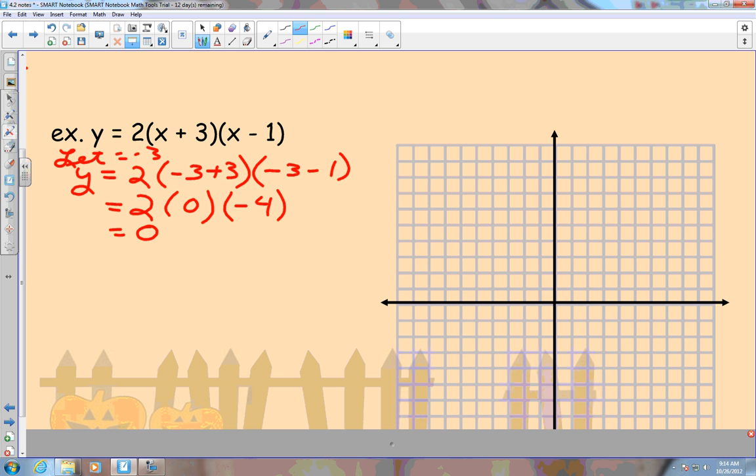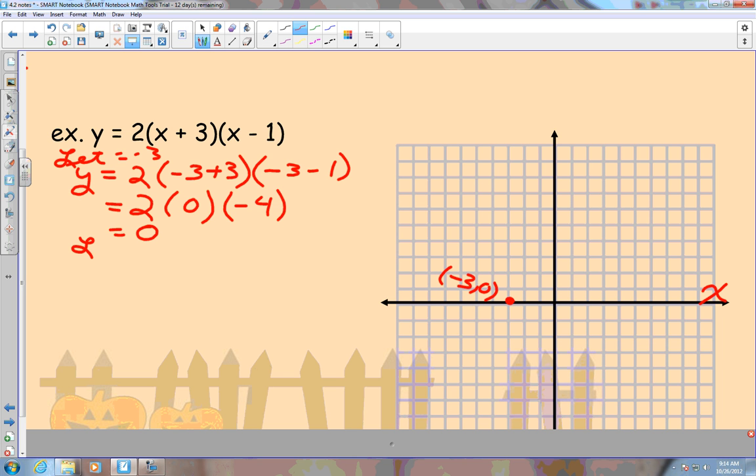So I know the point negative 3, 0 is on my parabola. And guess what that is, what we call an x-intercept, because if y is 0, then it's on the x-axis. Okay. Now, I'm going to pick another value for x. Anybody guess what the other one's going to be? 1.